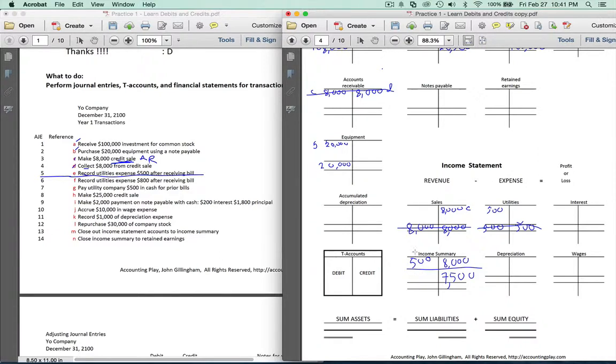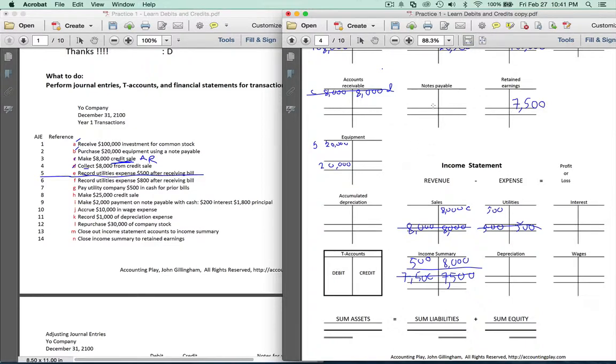Because effectively they had revenue of 8,000, utilities of expense of 500. Now to close out income summary, we would do 7,500, and then that would be an entry to retained earnings of 7,500.